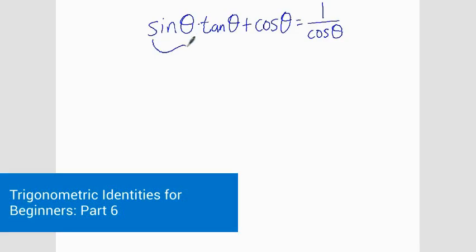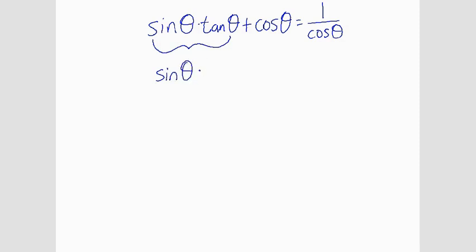Okay, so for this one, let's go ahead and turn this into sine and cosine, so that'd just be sine theta times sine theta over cosine theta. And then I'm going to write this as cosine theta over 1, because now we can start to see it as adding 2 fractions together.